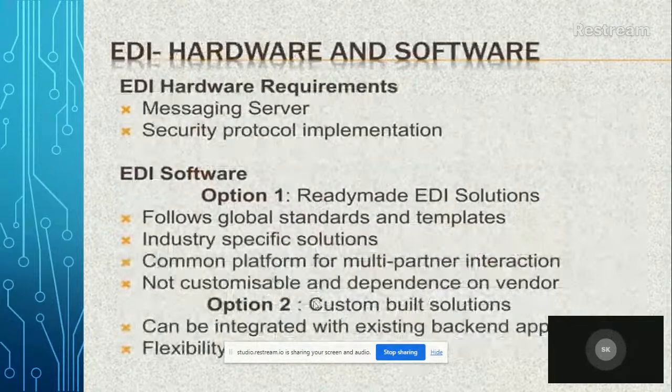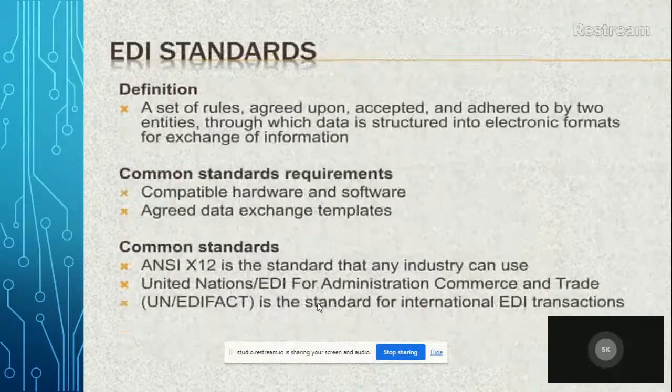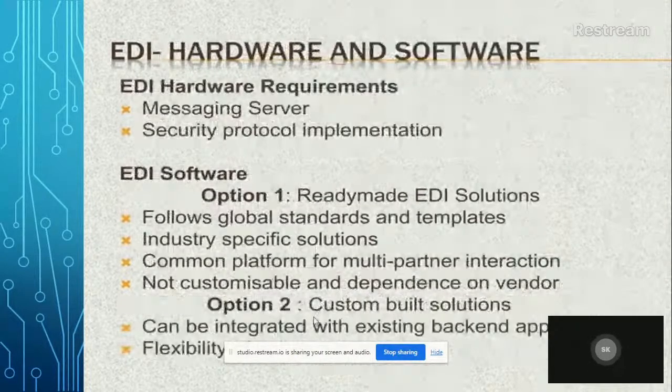Now EDI hardware and software. These are the components of EDI. Hardware requires a messaging server and security protocol implementation. For software there are options. Option one is a ready-made EDI solution.